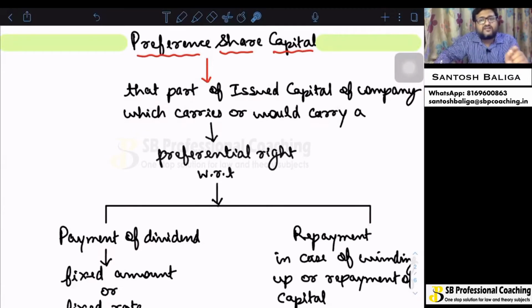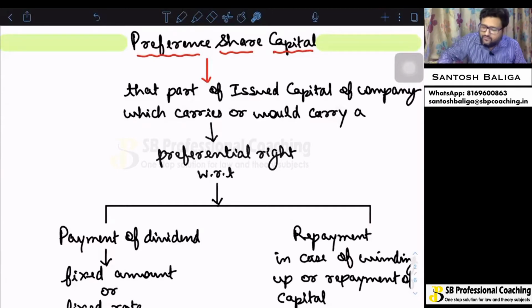What is this percentage given before the name of the preference share capital? It is basically nothing but the dividend rate assured by the company to such preference share capital holders. So when we say 8% preference share capital, that means 8% will be the rate at which the dividend will be paid to the preference share capital holder.